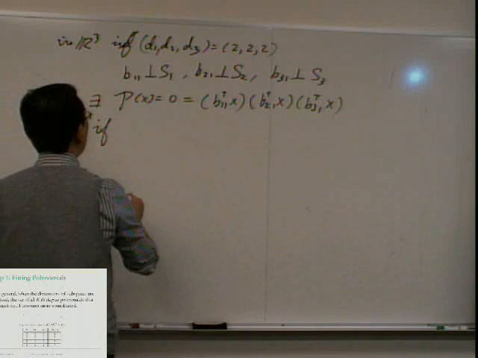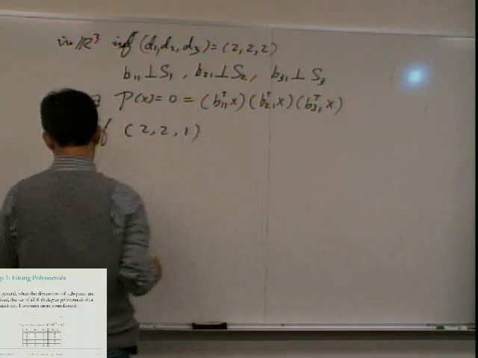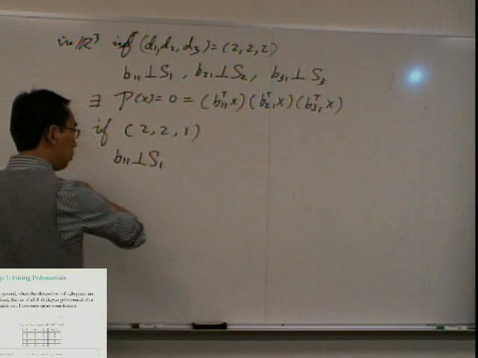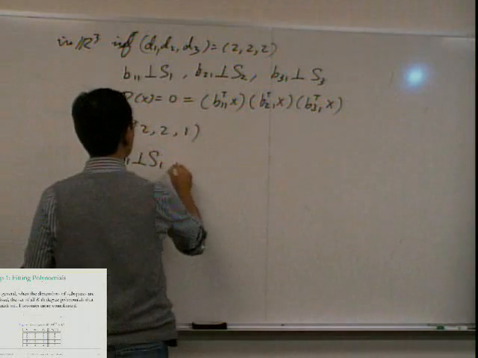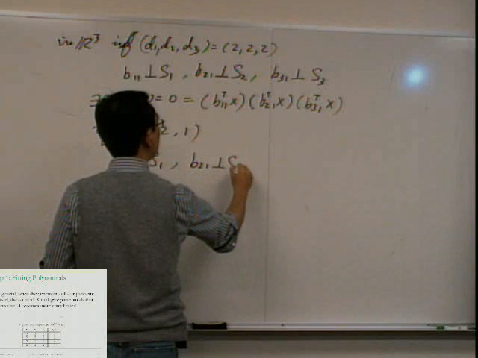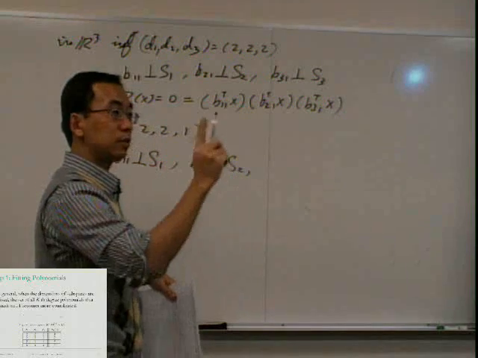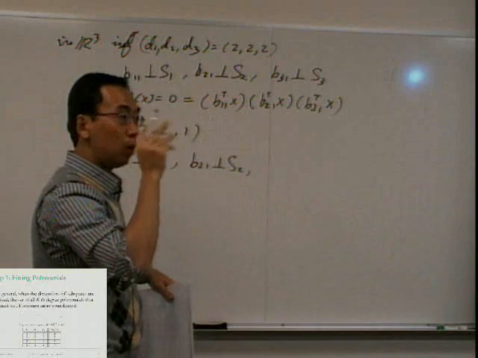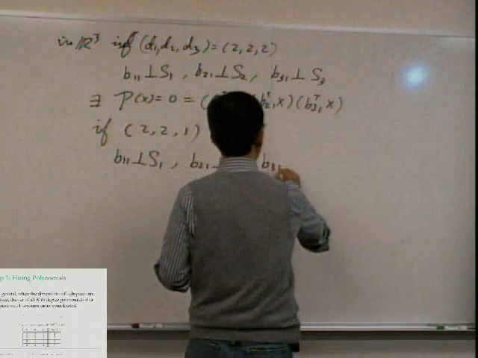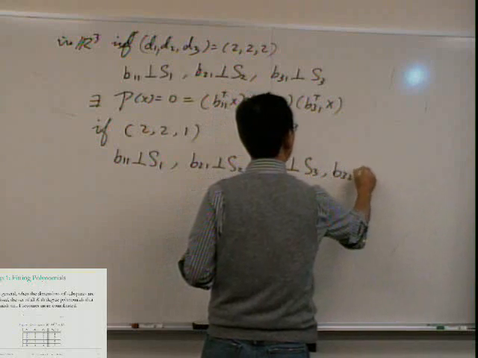So let's consider if the combination is 2, 2, 1. Then we have B11, which is orthogonal to S1, and B21, which is orthogonal to S2. And for S3, because it's a one-dimensional subspace, we have two normal vectors, right? So we have B31 perpendicular to S3 and B32 perpendicular to S3.